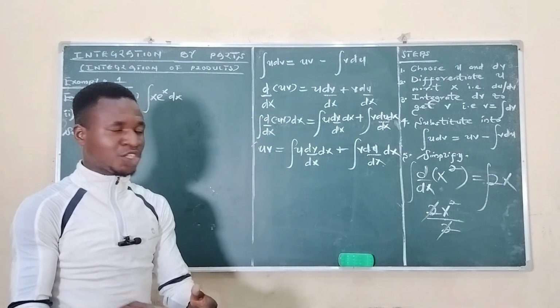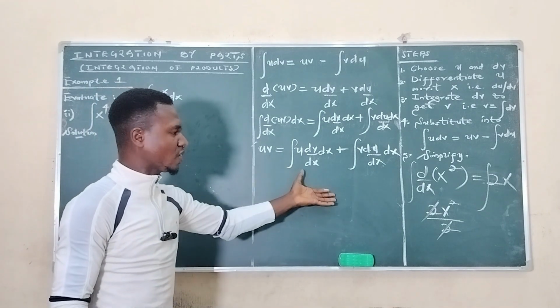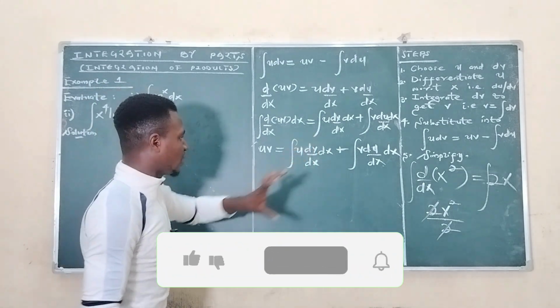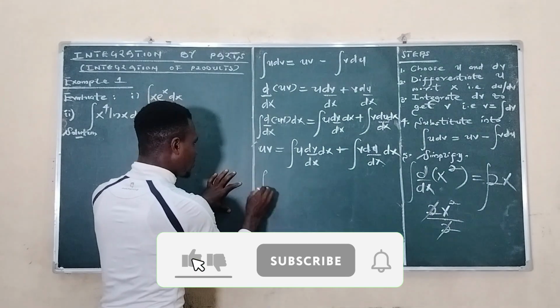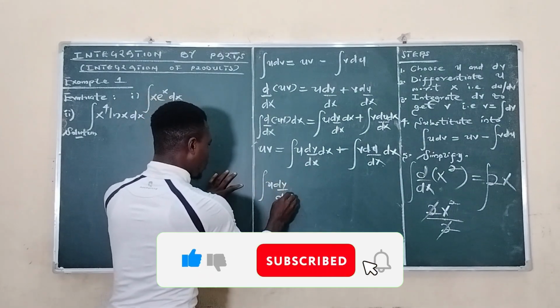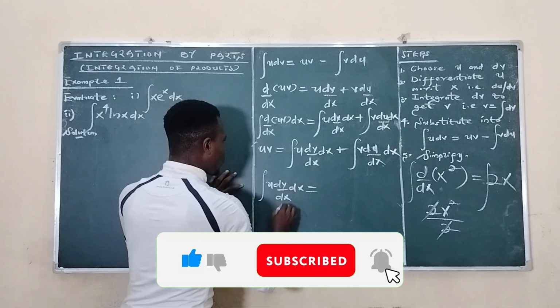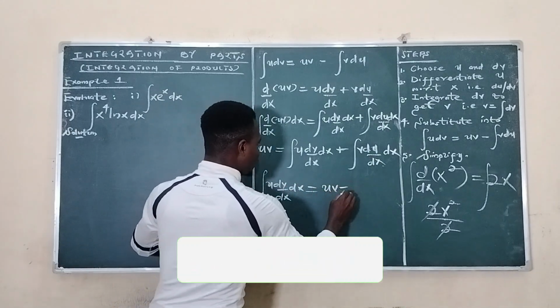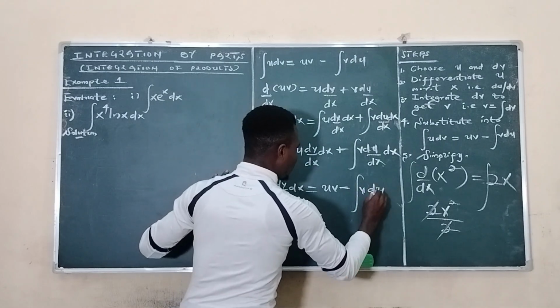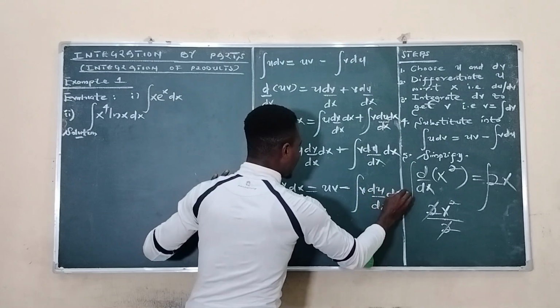We can rearrange this equation such that we make this a subject. If we do that, we have the integral of u dv/dx with respect to x is equal to uv minus the integral of v du/dx with respect to x.